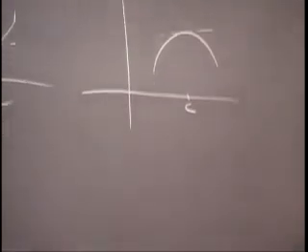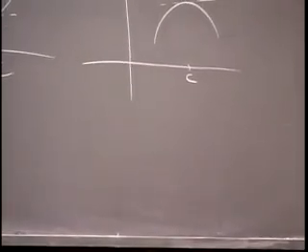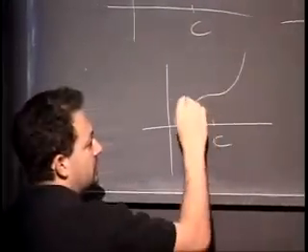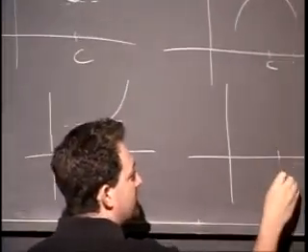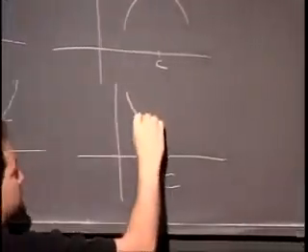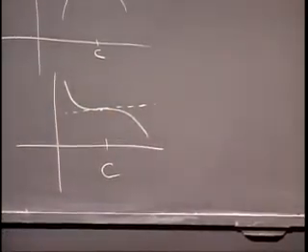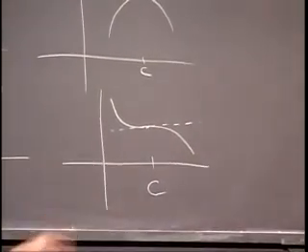But you could also have a horizontal point of inflection. And there are 2 ways that that can look, or at least commonly. Right, so really there's 3 possibilities, 4 different pictures of it.